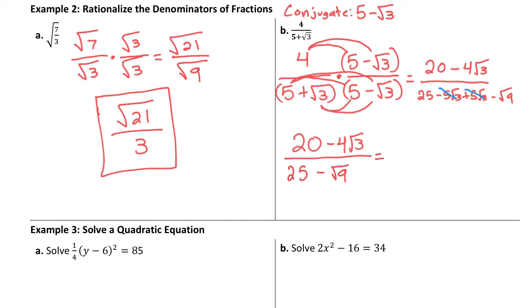If I kept going, the top is as simplified as it can be. The bottom, however, I can simplify the square root of 9. So that would be 25 minus 3, which would be 22. And if you were able to simplify that far, that's what I'd expect you to be able to do.